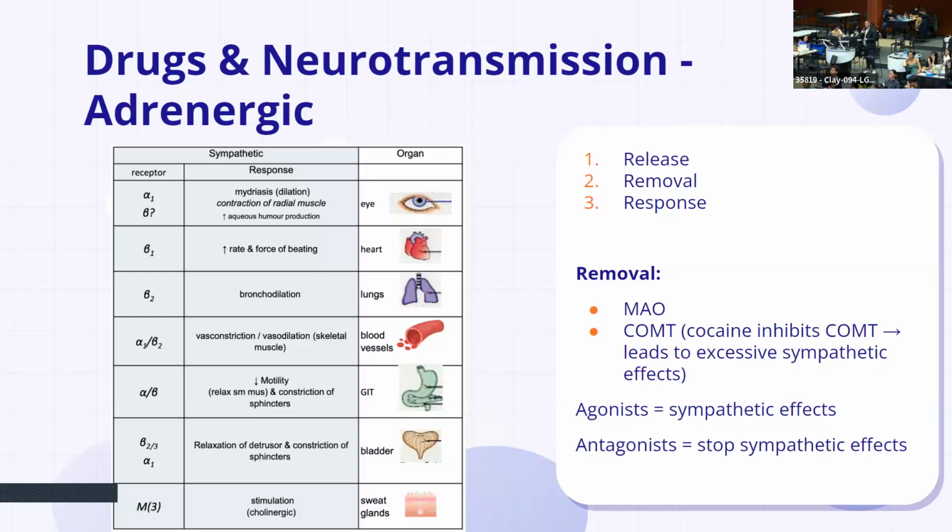And I've just given you on the right-hand side 2 ways in which noradrenaline or norepinephrine can be removed, and that is via MAO or COMT. Just for your interest, cocaine inhibits the COMT complex, and so that leads to excessive noradrenaline within the synapse, and that's going to lead to excessive sympathetic effects, explaining some of the cardiovascular issues that happen there.